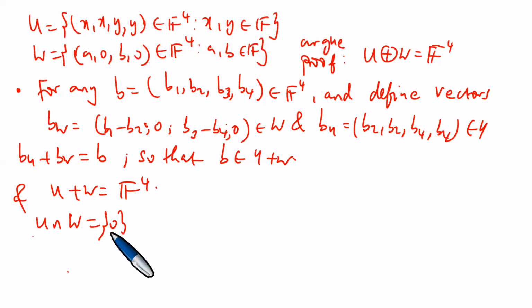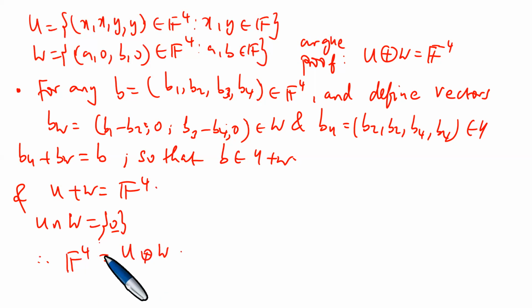Is the zero vector? So we take an arbitrary element and argue that it is in the F4, and therefore F4 is the direct sum of these ones here.